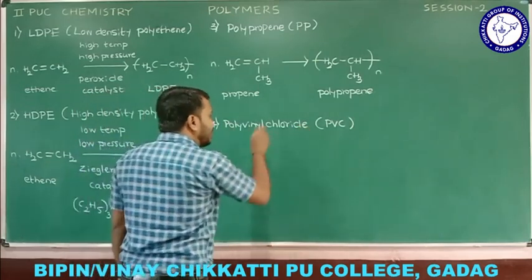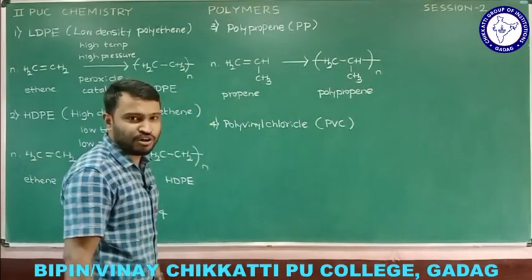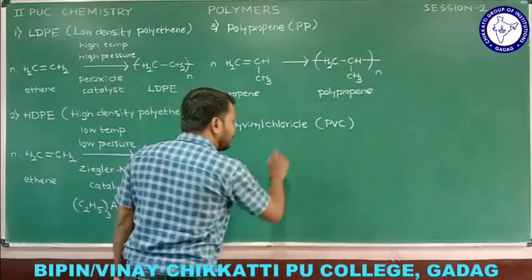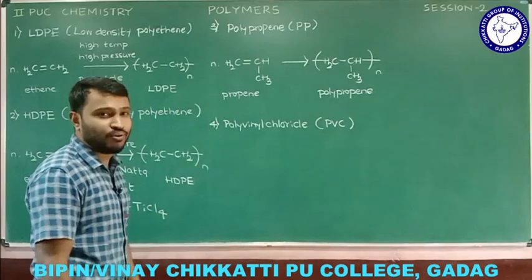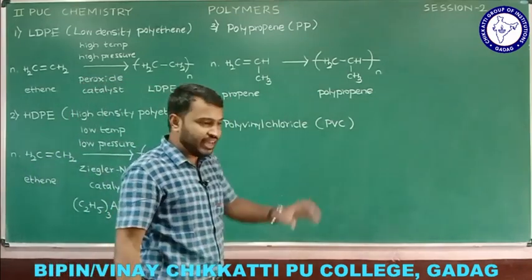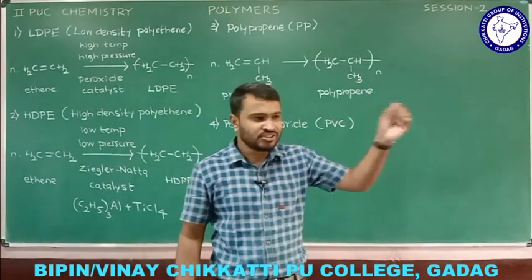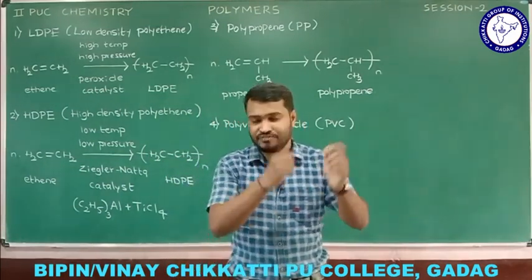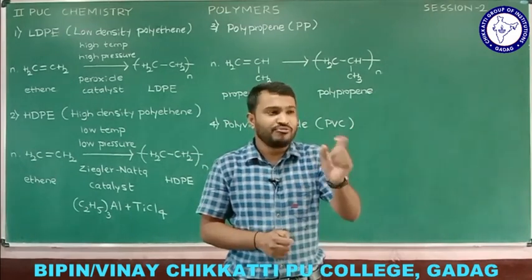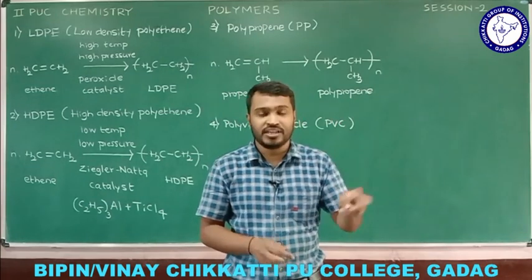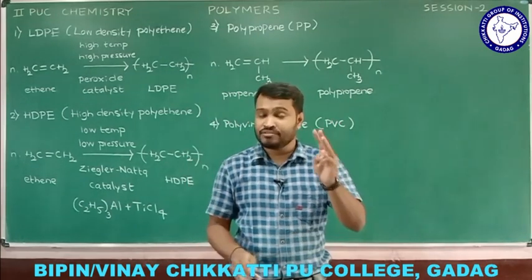Name the monomer of polyvinyl chloride. The answer is here itself. The monomer will be vinyl chloride. Okay, so we'll try to write the structure of vinyl chloride. Almost similar we have allyl chloride; vinyl and allyl we use frequently, isn't it? So remember, in the case of vinyl we have 2 carbons, in the case of allyl we have 3 carbons.